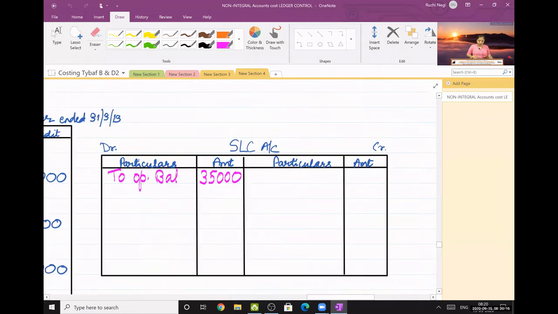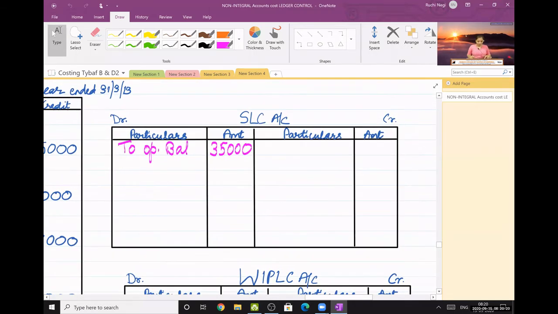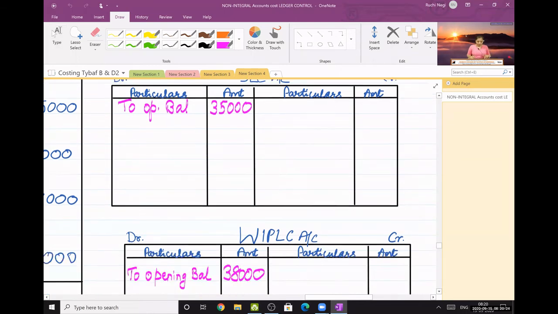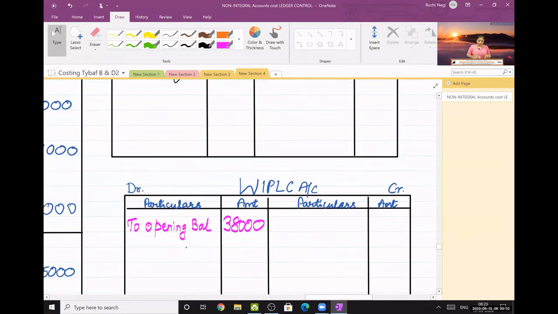सबसे पहले क्या करोगे? Transfer all the opening balances. So opening balance of stores ledger 35,000. 45,000. WIP opening balance 38,000.